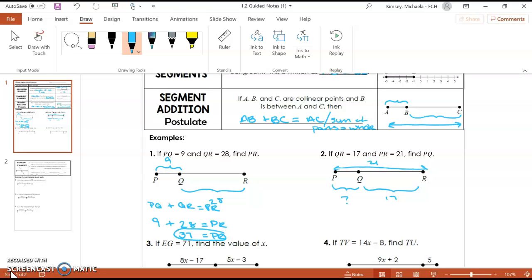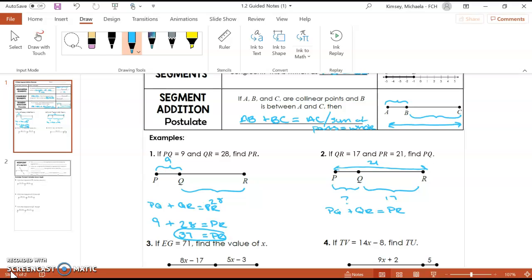So what we can do is say that PQ plus QR is equal to PR, right? Because if I added this segment plus this segment, I'm going to get the entire segment, right? So that's all I'm saying in my equation.